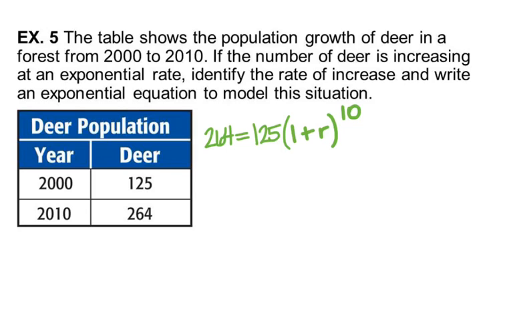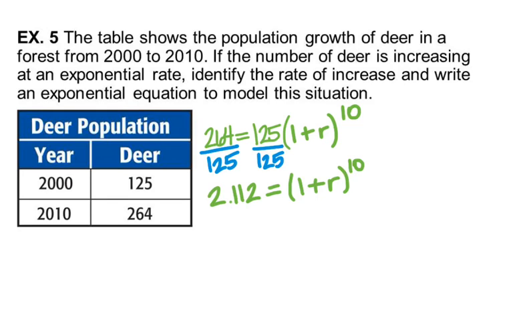So what we need to do is solve for our rate. So since 125 is being multiplied by the parenthesis, we're going to divide by 125 on both sides first. So 264 divided by 125 is 2.112, which equals 1 plus r to the 10th power.